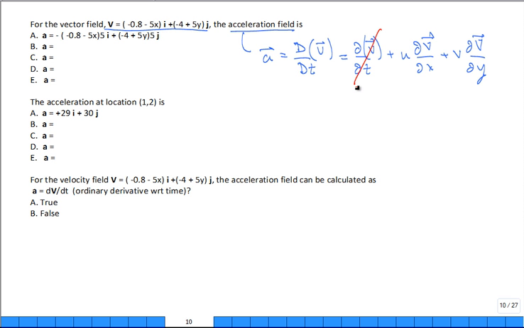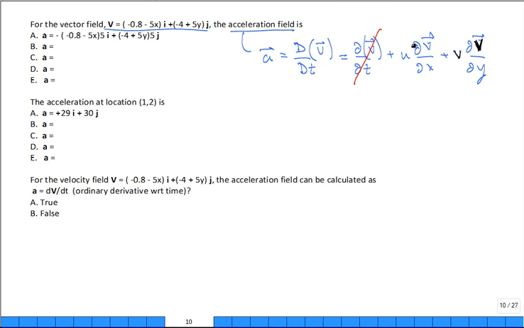No. Let me ask another question. Is this v the same as that v? They look similar when I write them down, but one is lowercase without an arrow on top. One is uppercase with an arrow on top. One is the y component of the velocity vector.